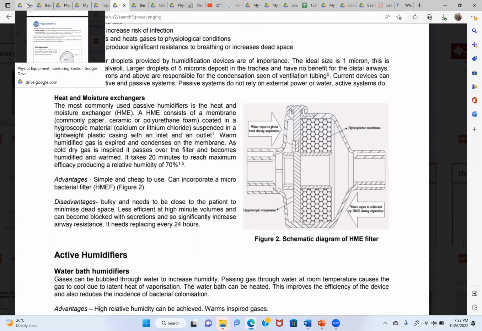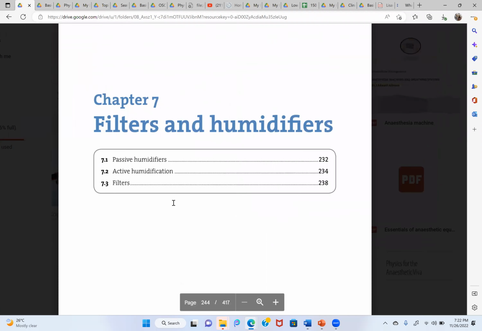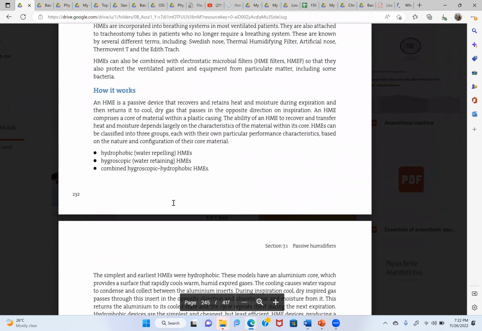What is hygroscopic material? There are two sorts of materials: one is hygroscopic and one is hydrophobic. Hygroscopic is what retains the water. And hydrophobic, phobia, is the thing which repels. So on one side the material will retain, and from the other side it will give.